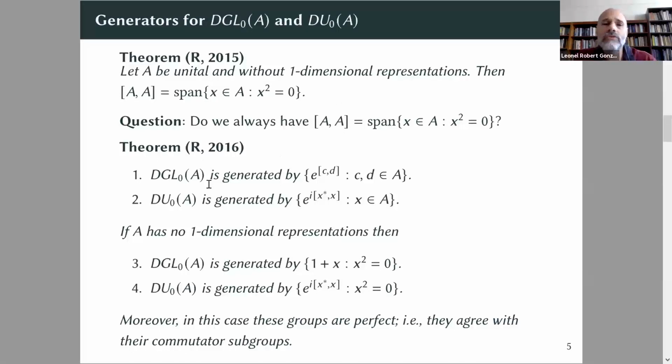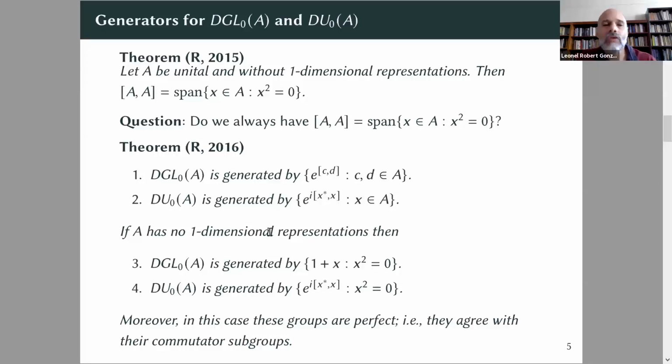It's not difficult to show that the exponentials of commutators are a generating set for the commutator subgroup of the invertibles, and similarly for unitaries. But then I have to make sure that my commutator is self-adjoint. So this type of commutator here is self-adjoint, I mean skew-adjoint, with the i in front.